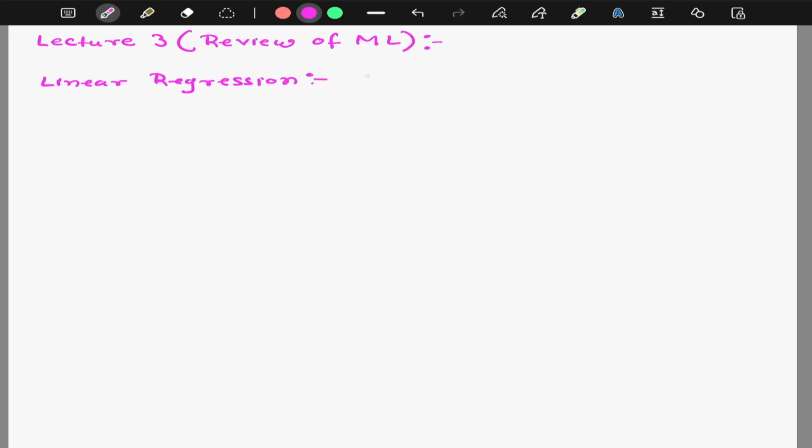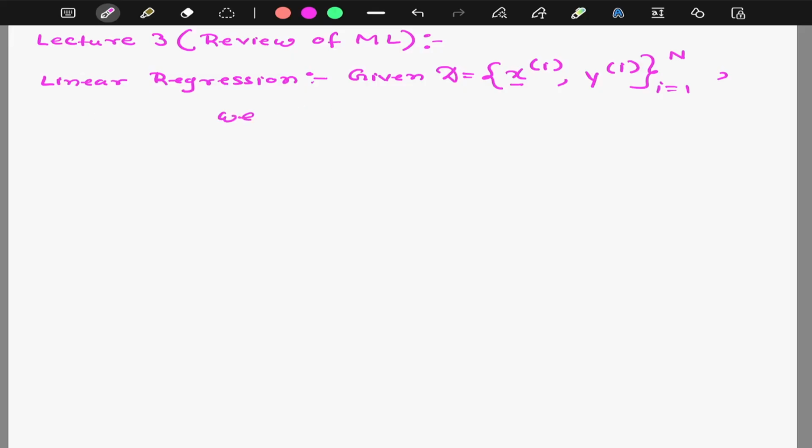So given data xi, comma yi, we want to learn the mapping from x to y.